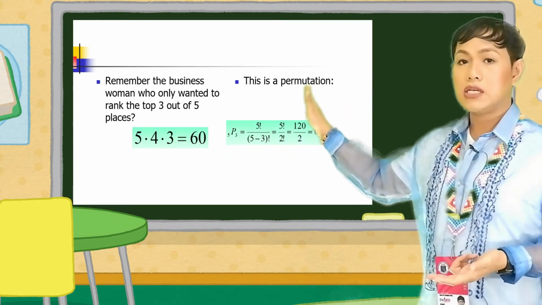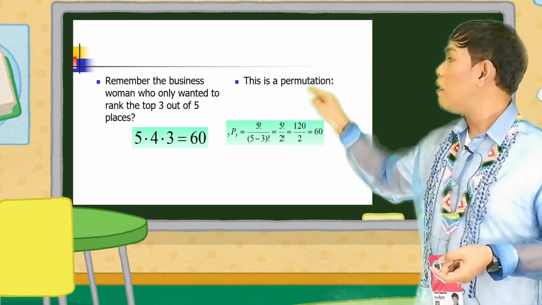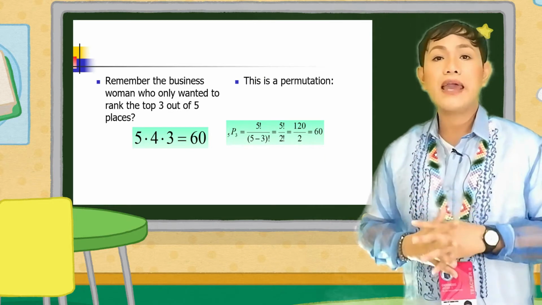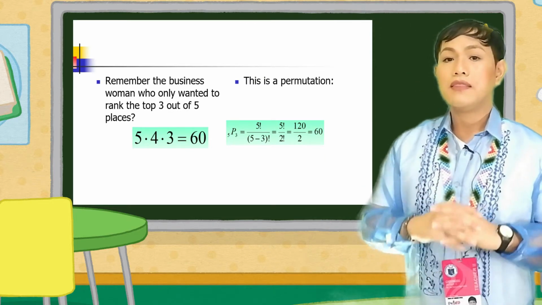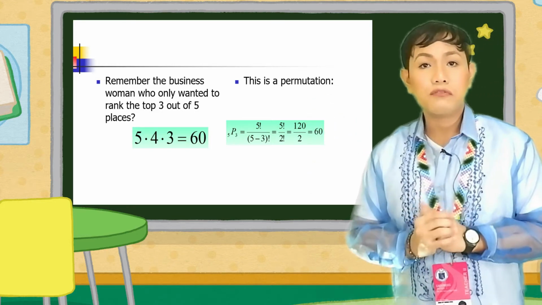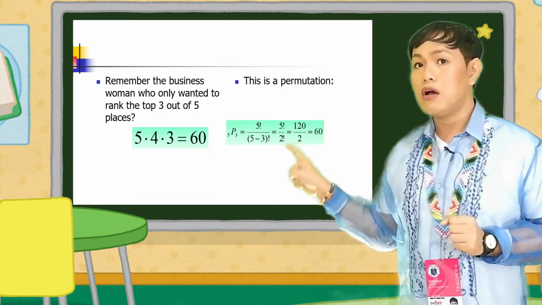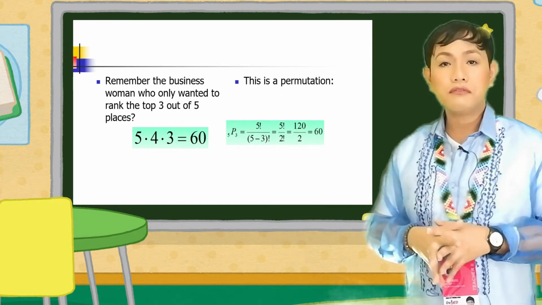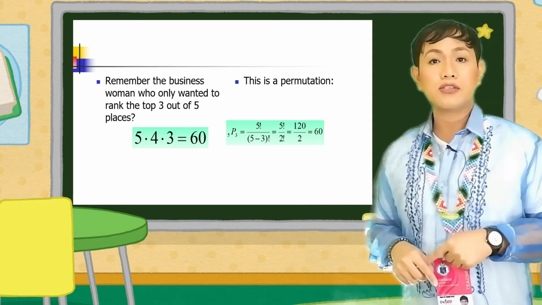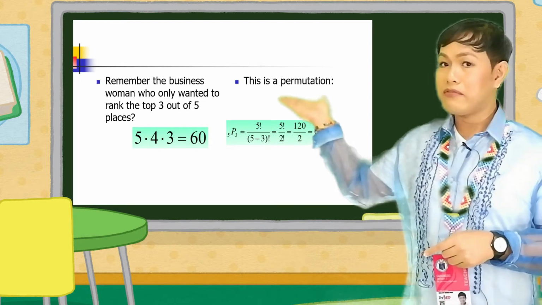The permutation of 5 objects taken 3 at a time is equal to 5 factorial over the quantity of 5 minus 3 factorial, that is equal to 5 factorial over 2 factorial. 5 factorial is equal to 120, and 2 factorial is equal to 2. So dividing 120 by 2, we get the answer to be 60. Notice that we have the same answer.